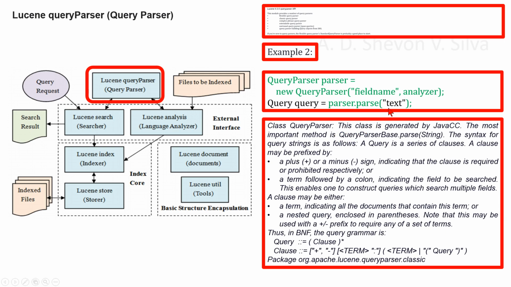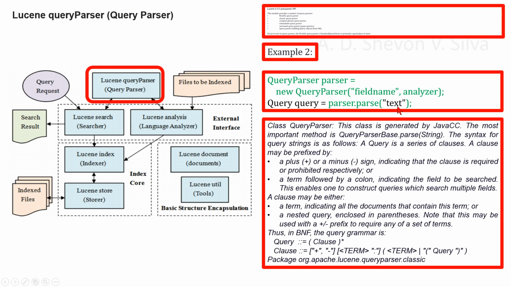A query string is a series of clauses. A clause may be preceded by a plus or minus sign indicating that the clause is required or prohibited respectively, or a term followed by a colon indicating the field to be searched.